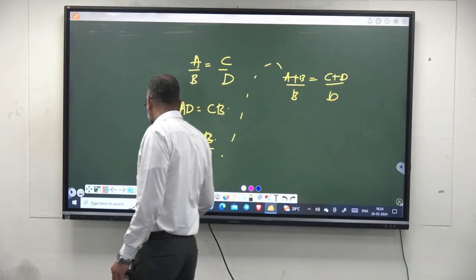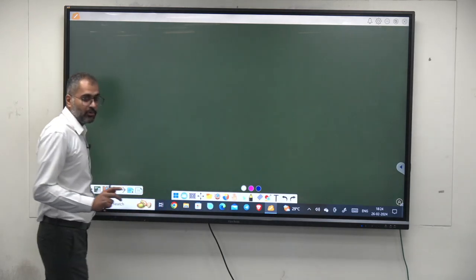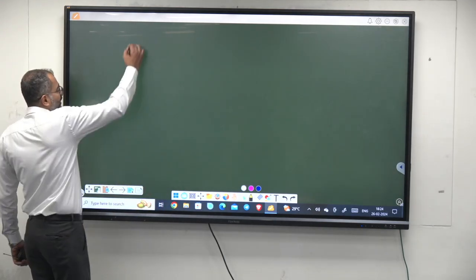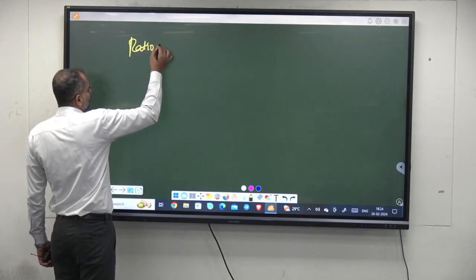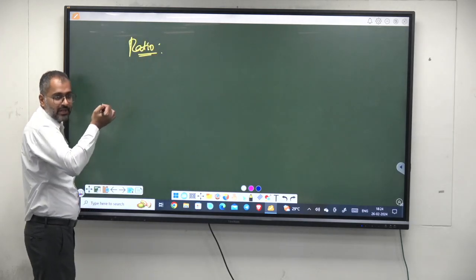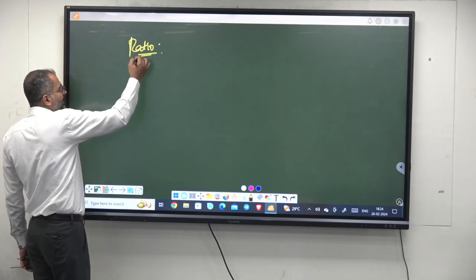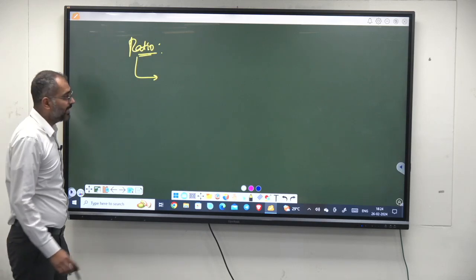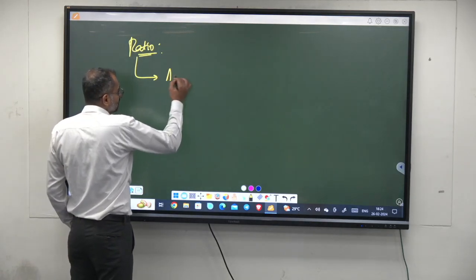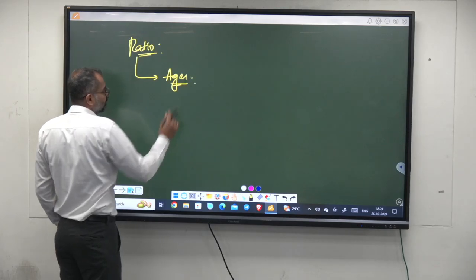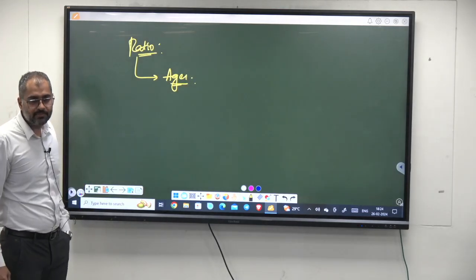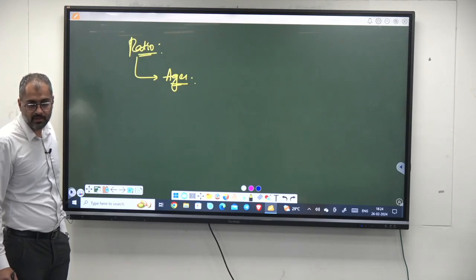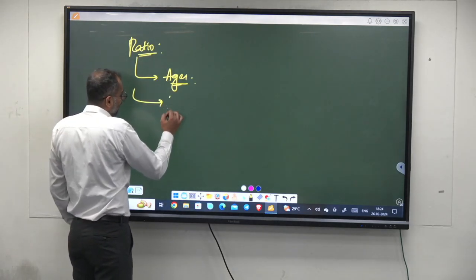Okay, ratio. Ratio is nothing but comparison of two or more quantities having the same magnitude. Ratio itself has many types and varieties of questions. The extension of ratio is nothing but age based questions, the ratio of their age, and similarly partnership.